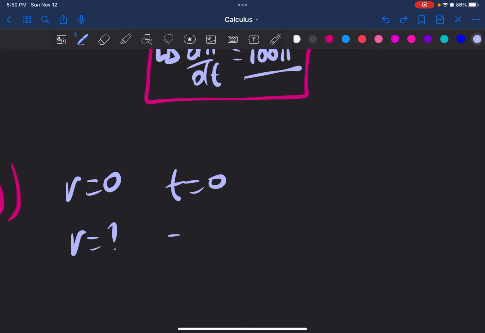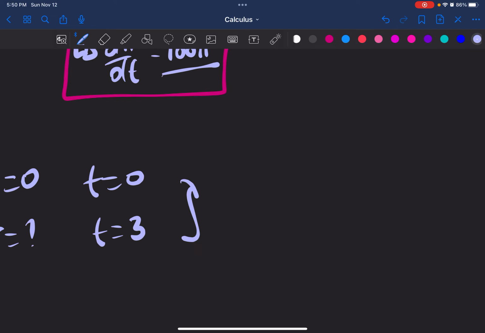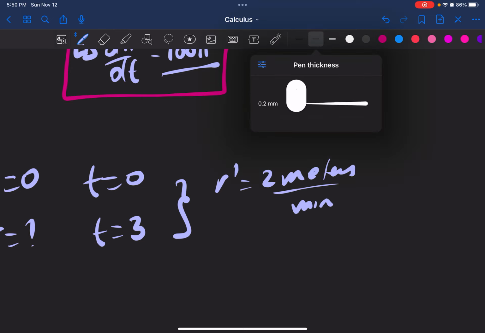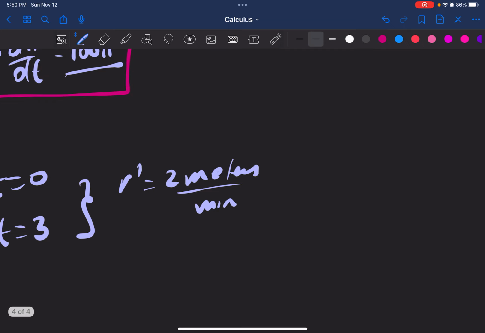That is something I need to figure out. For this one, we can use a simple trick. I know that the rate of change of the radius, r prime, is 2 meters per minute.